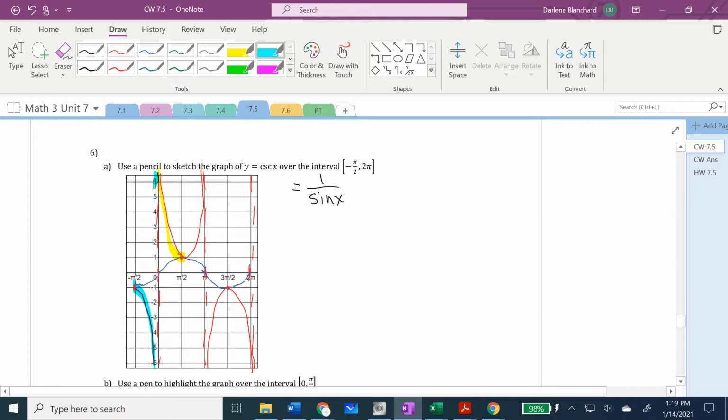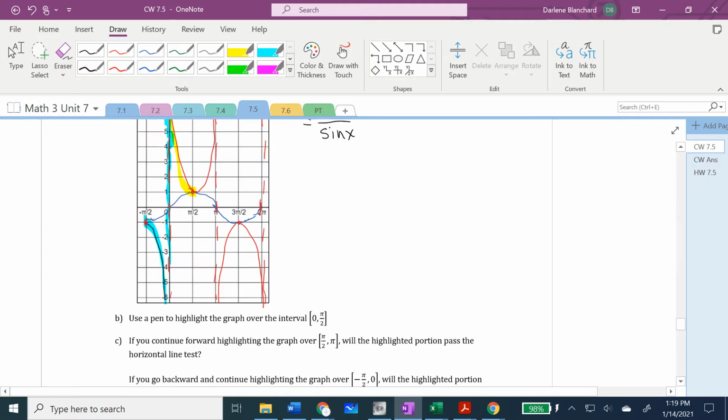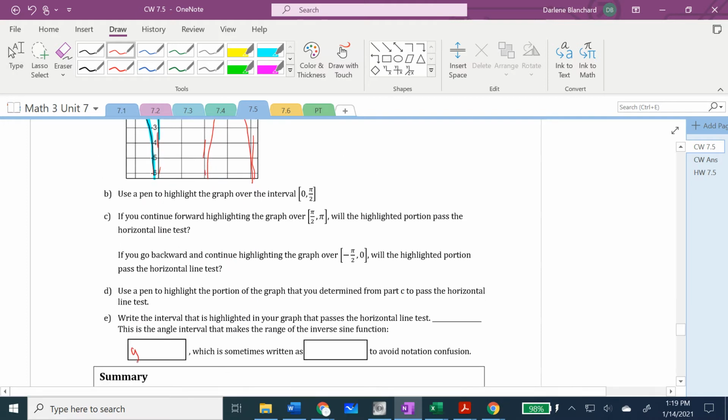And again, I have this unfortunate asymptote sitting in the middle of it, but all you're concerned about is realizing that the inverse cosecant function uses the angles from negative pi over 2 to positive pi over 2. And arc cosecant is the variable.